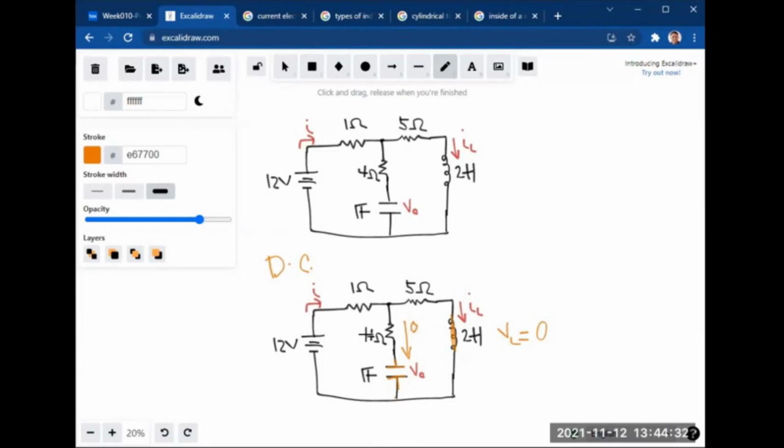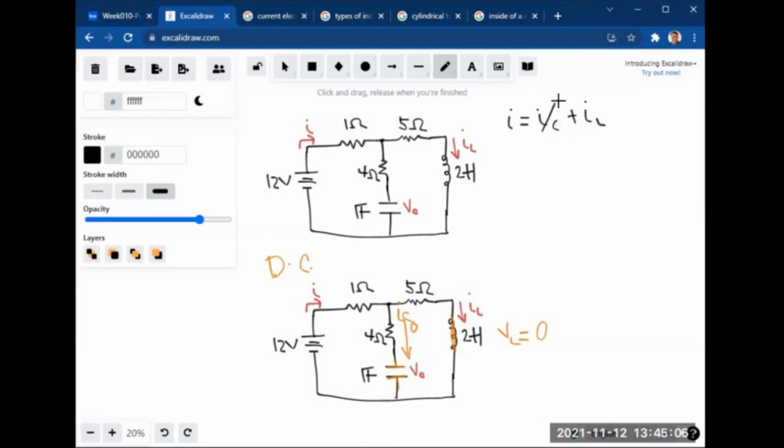So, solving for the current, if we call this line IC, the current for the capacitor, using KCL we can say that I is equal to IC plus IL.